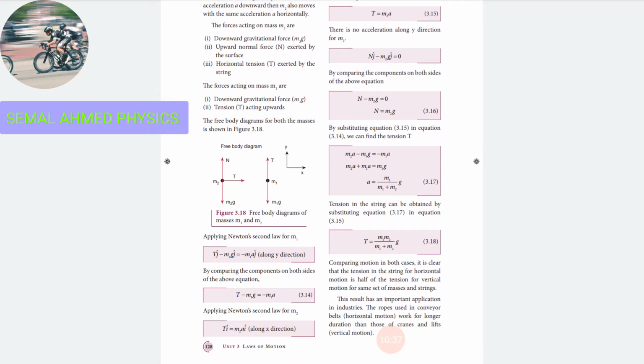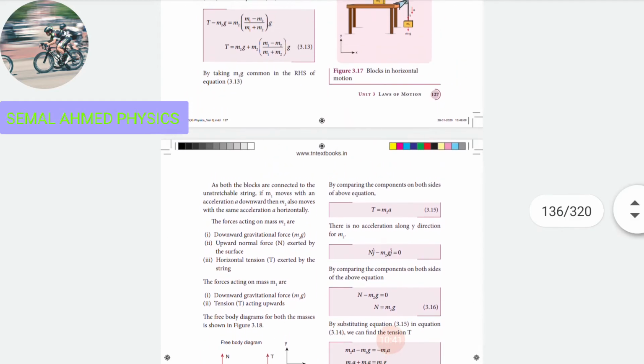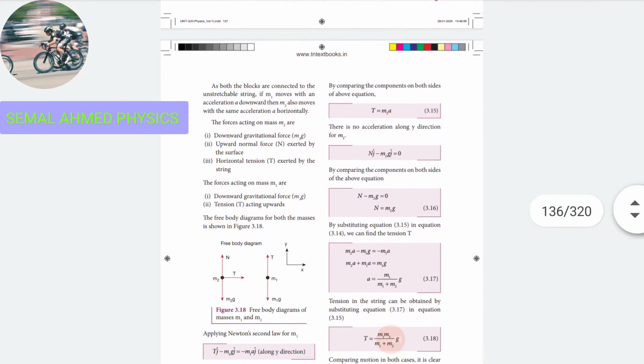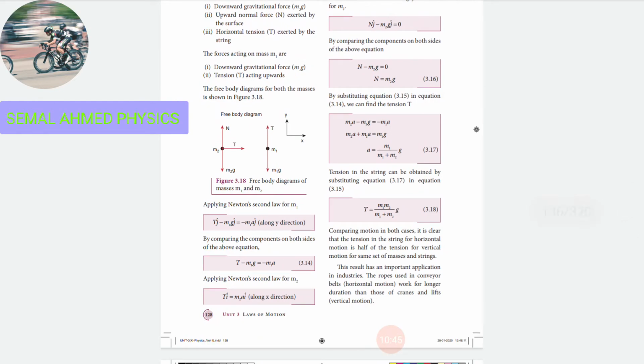Applying Newton's second law for mass m1, which is hanging in the downward direction: T minus m1 g equals minus m1 a, because it is a downward direction, so the minus sign comes.